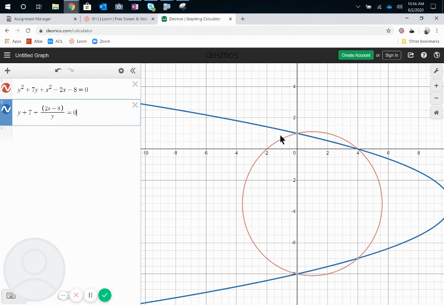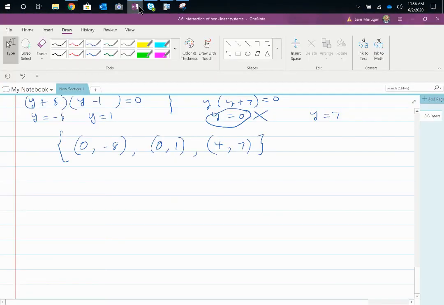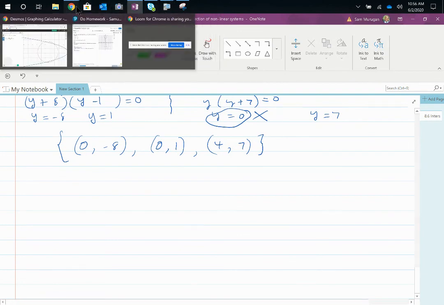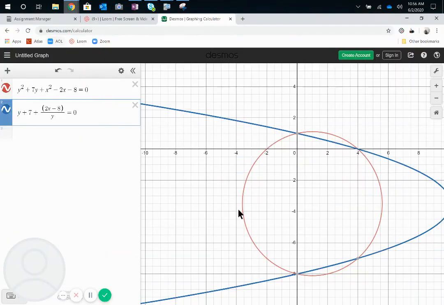And here you can see Desmos does a wonderful job. It shows you one solution is at 0 and 1, 0 and negative 8, which we solved: 0 and 1, 0 and negative 8. And then one solution at 4 and 0.